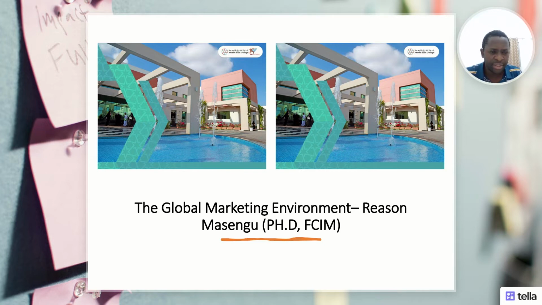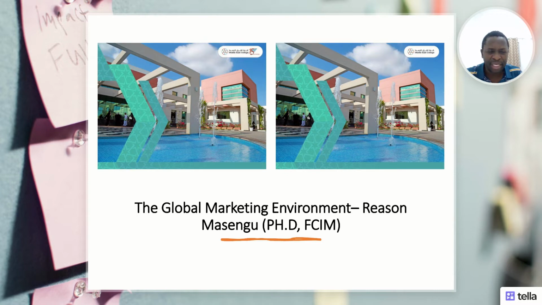We also discussed global brands, and quite a number of examples of global brands, and how these global brands operate, how they try to create value and standardize, and how they try to adapt to different market environments.